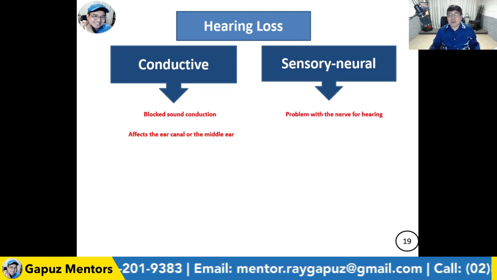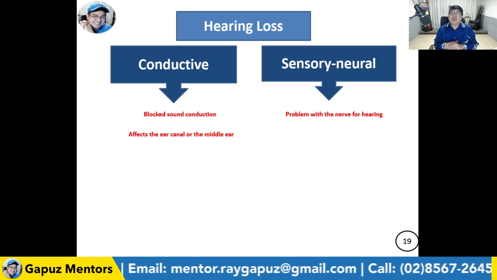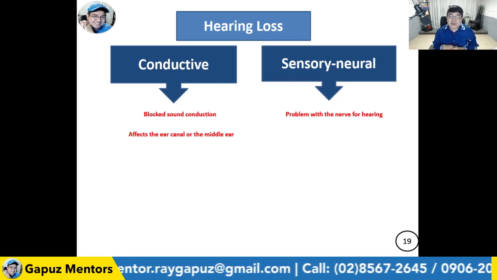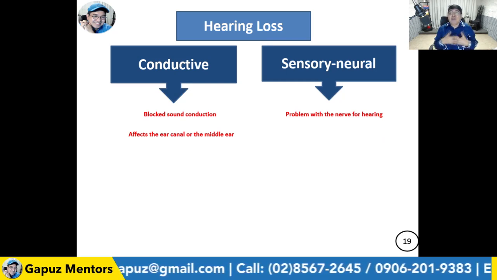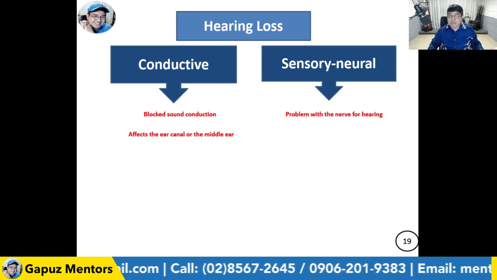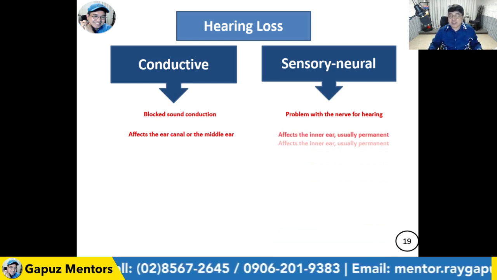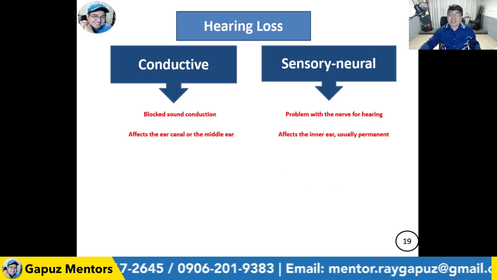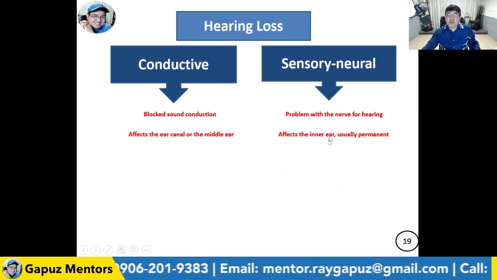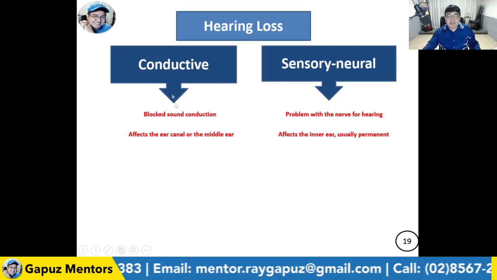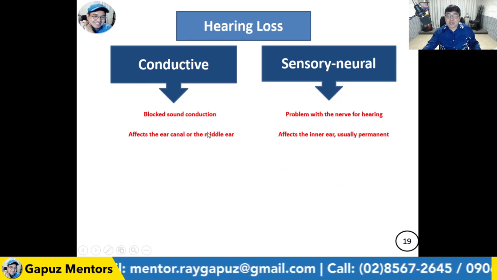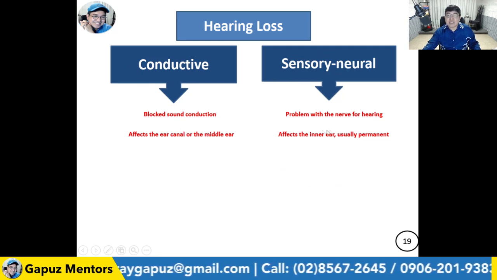Sensory neural hearing loss is a problem with the nerve for hearing. Okay, so cranial nerve 8, your vestibulocochlear nerve. Since it's the nerve that is affected, then it affects the inner ear. It's usually permanent. So once again, conductive affects the outer to the middle ear. Sensory neural affects the inner ear.